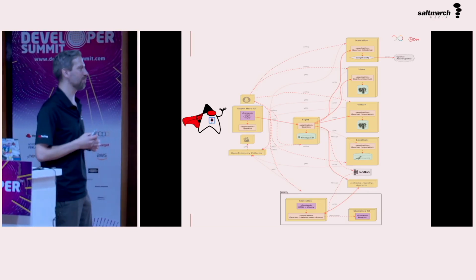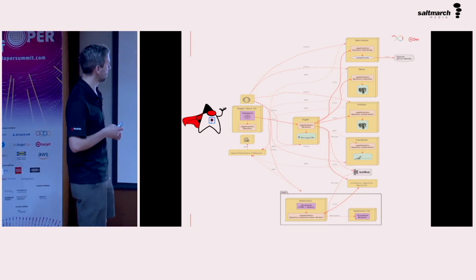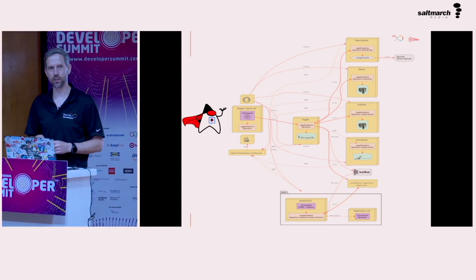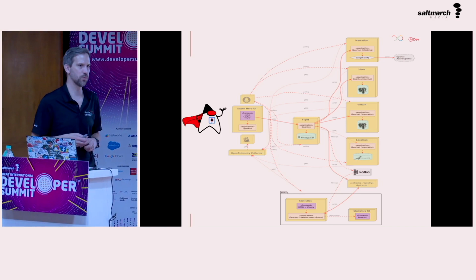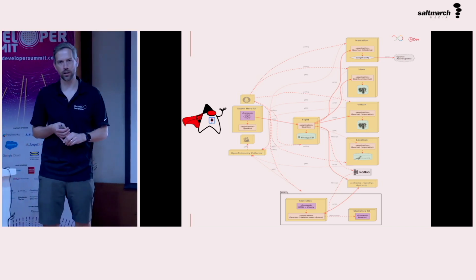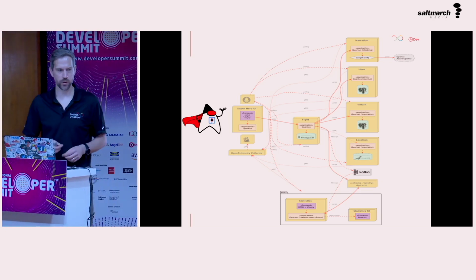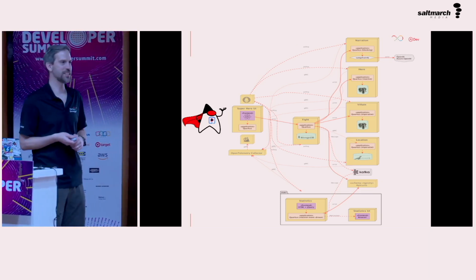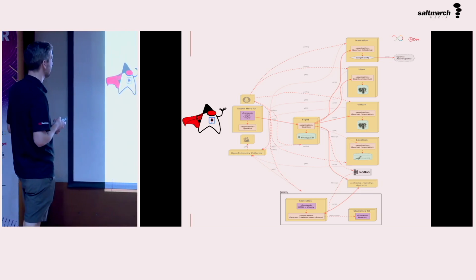So this is an example of an application that has a few more components. This is the Quarkus Superheroes application, which you can also find if you go to the Quarkus examples. A few components might be an understatement. This is quite an over-engineered application.